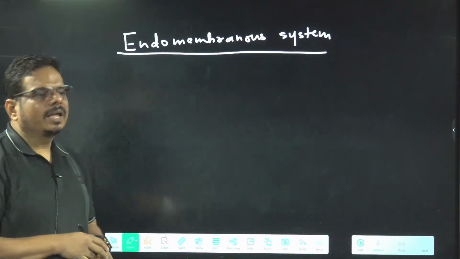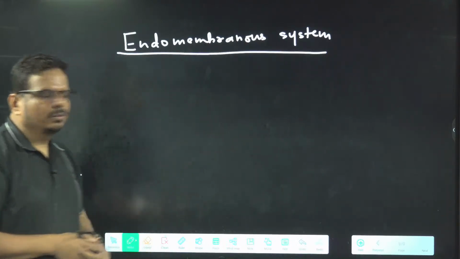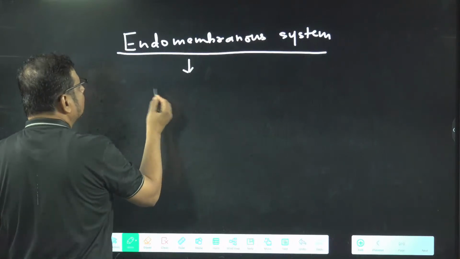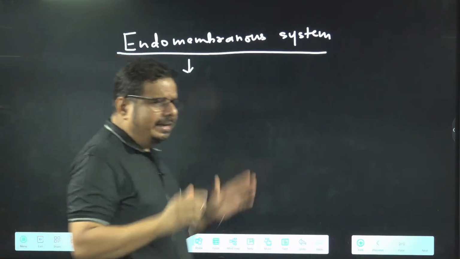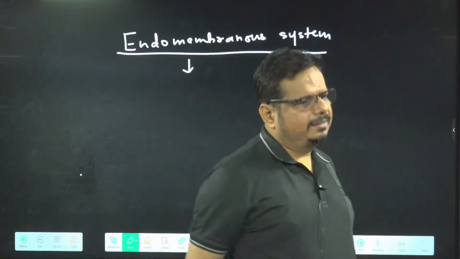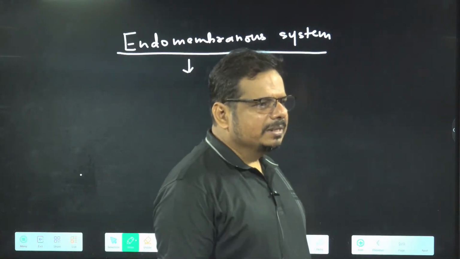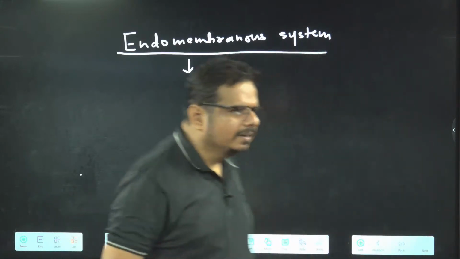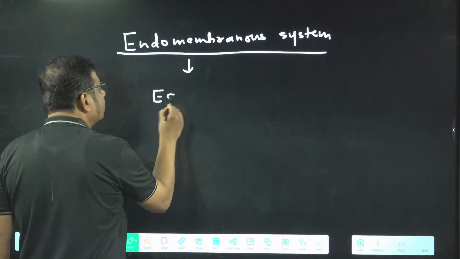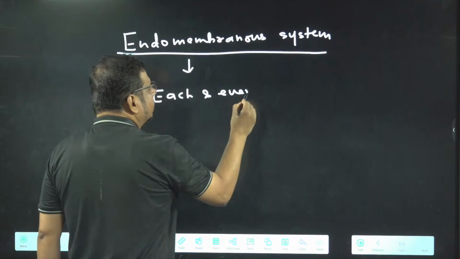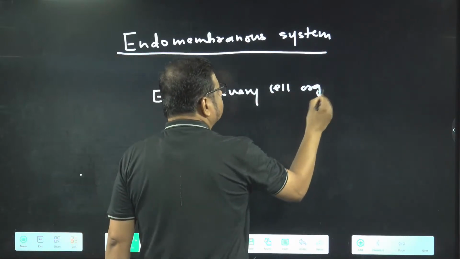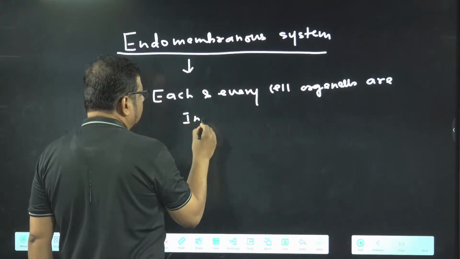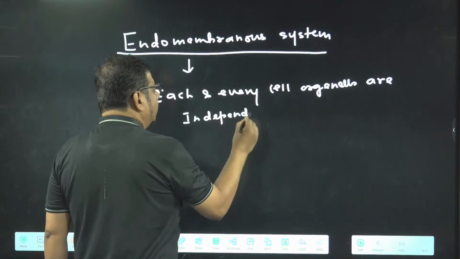Now I am going to talk about the endomembranous system. Have a look here. Give your attention. So what is this endomembranous system? Each and every cell organelle is independent. That is true.